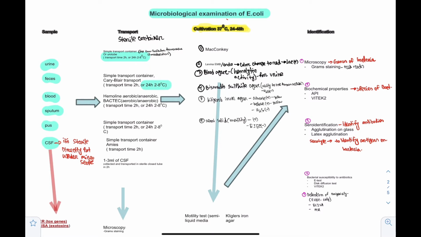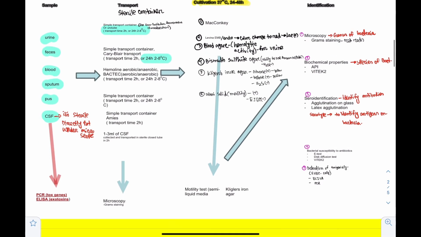I'm sorry, I confused it. In the container we can keep it for 24 hours, but we need to transport it within 2 hours. If the patient is more severe, we need to transport it as soon as possible.